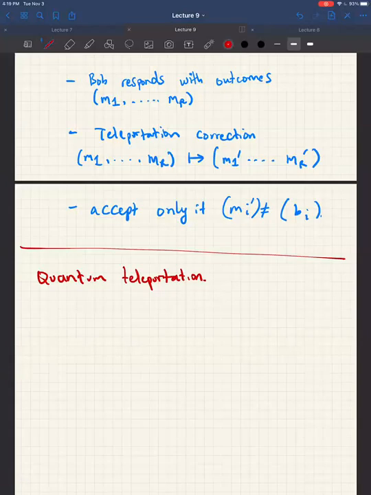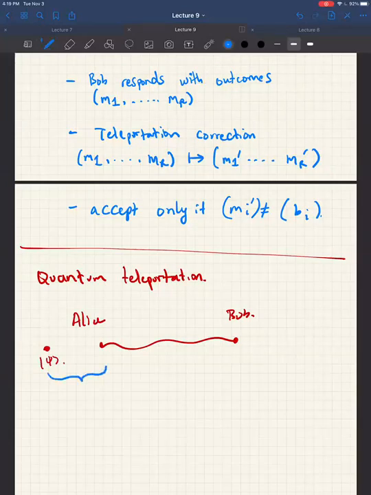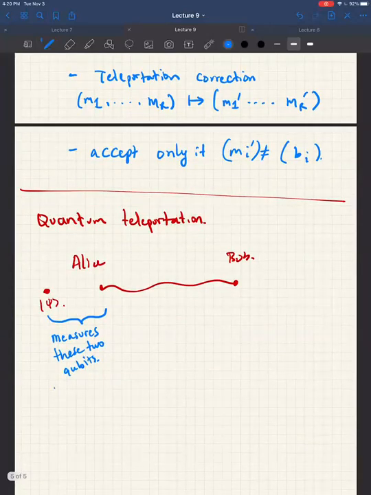All right, so what's quantum teleportation? Again, we have Alice and Bob. Let's say they share one EPR pair, and Alice has a qubit that's sitting on the very left-hand side, and it's in the state psi. Quantum teleportation is a protocol where Alice first performs an entangling measurement on these two qubits. When she measures these two qubits, she gets two classical outcomes.